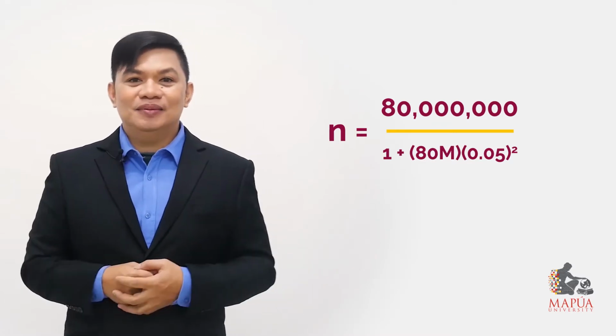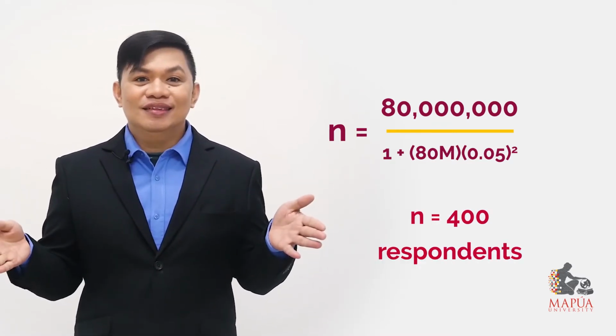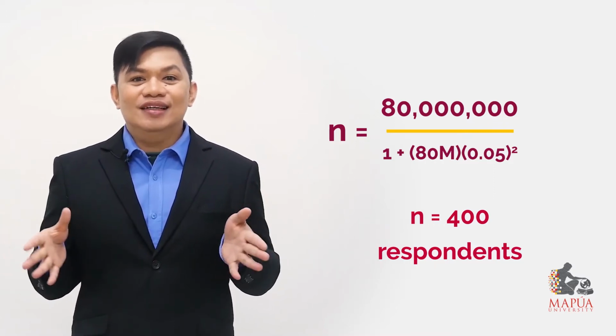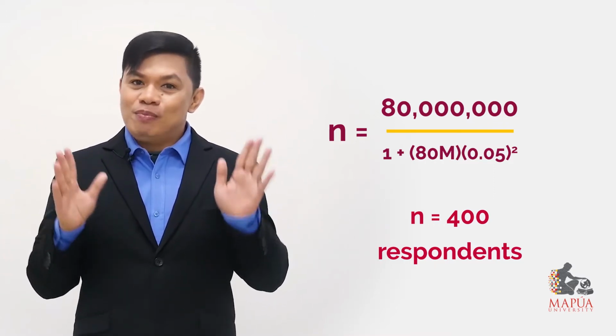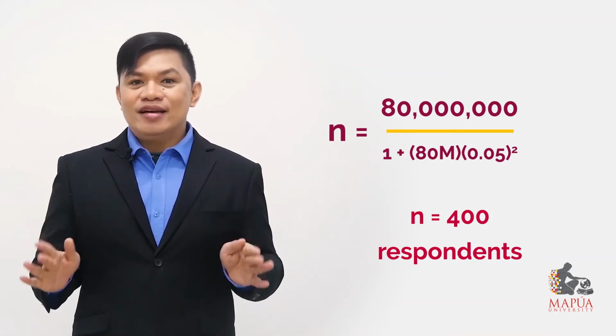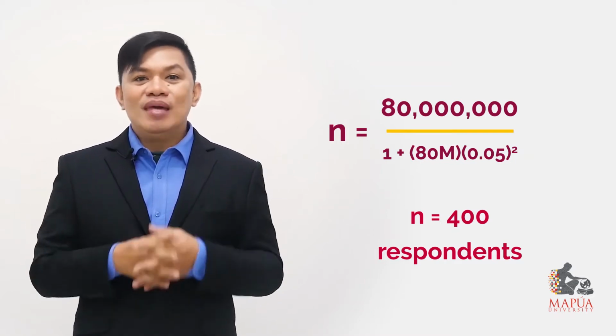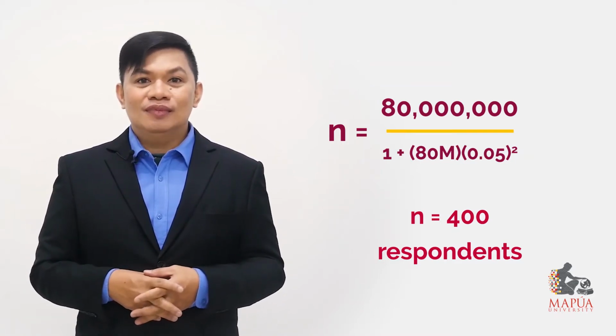Calculator, what do you get? That is roughly 400. So in other words, for a 5% margin of error, you need only 400 respondents to represent around 80 million individuals. So, if you look at the surveys now, they are even way above the required number.